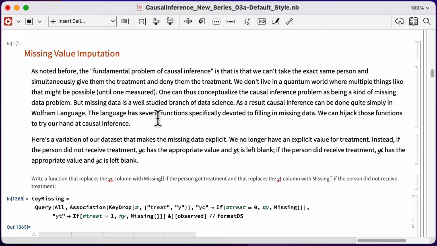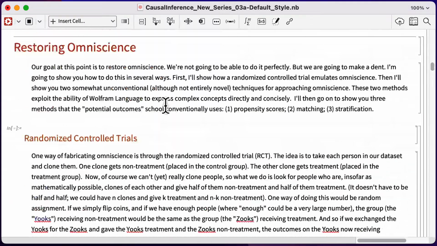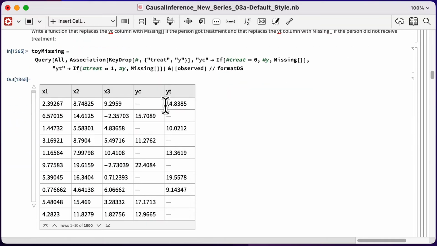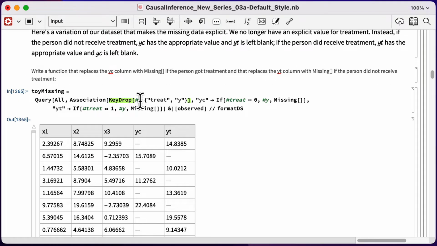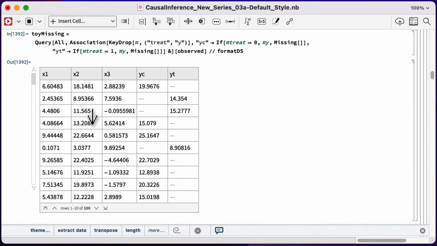Okay, so I'm going to talk about this as a problem of missing value imputation. This is what we see, in some sense. Here's this person. We know their x1, x2, and x3 values. We know they didn't get treatment, and we know what their outcome was. This person, we know their x1, x2, and x3.